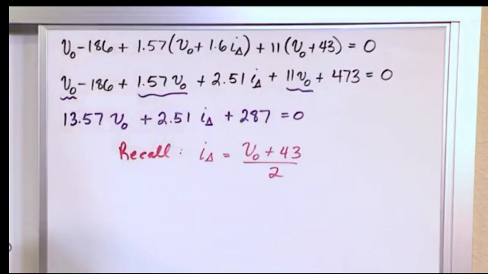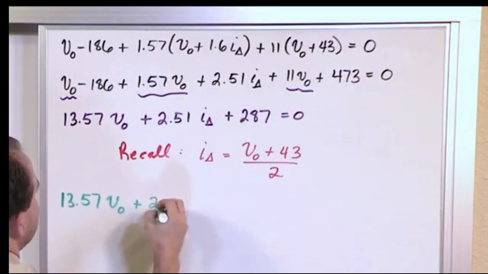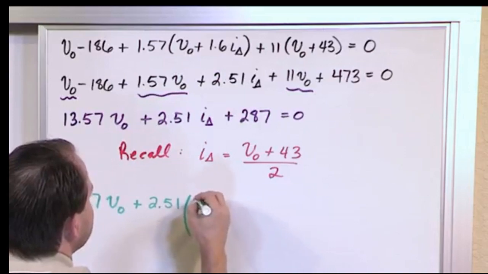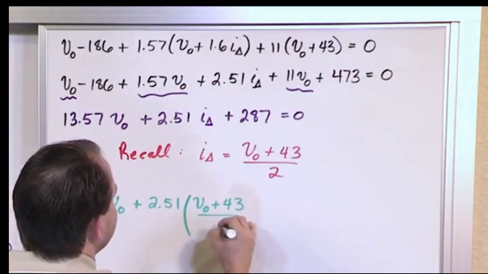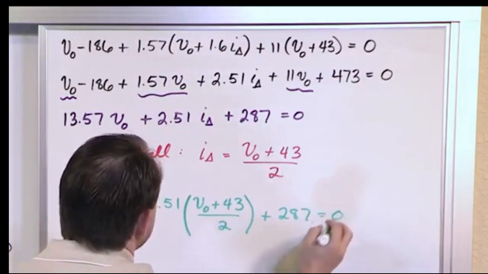That's what we had before from the last time. So let's substitute that in. So what we're going to have here, 13.57 V naught plus 2.51 times I delta. So let's open the parentheses, V naught plus 43 over 2, plus 287 is equal to 0.